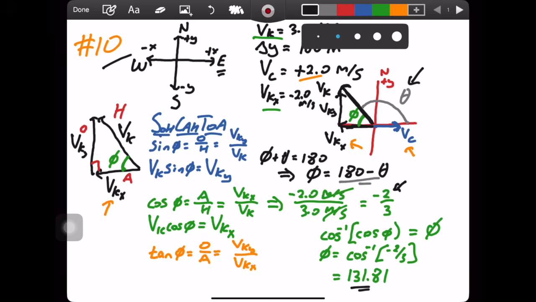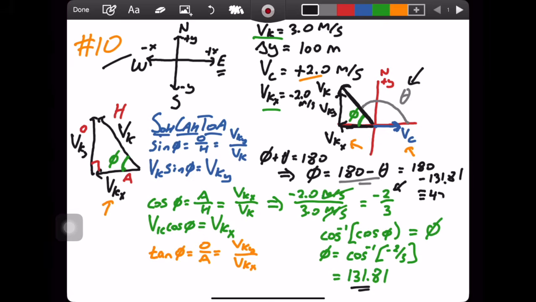And so that means it's equal to 180 minus 131.81, and so that is equal to approximately 48.19 degrees. That makes more sense, right?